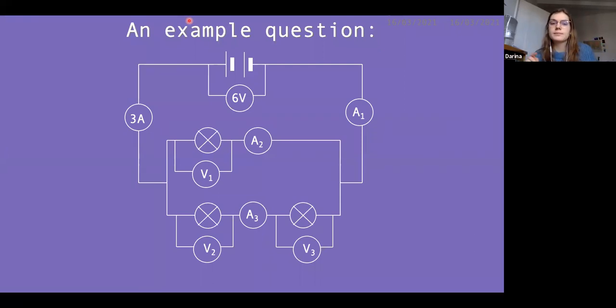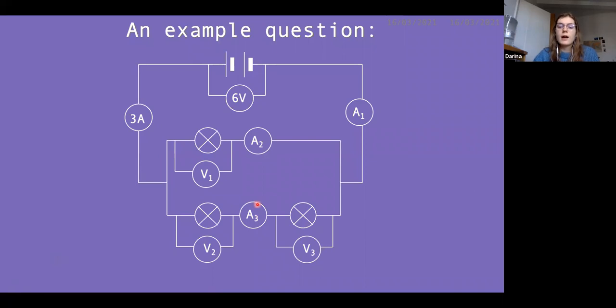What would that be? So remember, the total of them, V2 plus V3, is going to be 6 volts. Because they're the same light bulbs, they have the same resistances, and so the voltages across them would be exactly the same. So V2 and V3 are going to have 6 divided by 2 volts, which is 3 volts each.